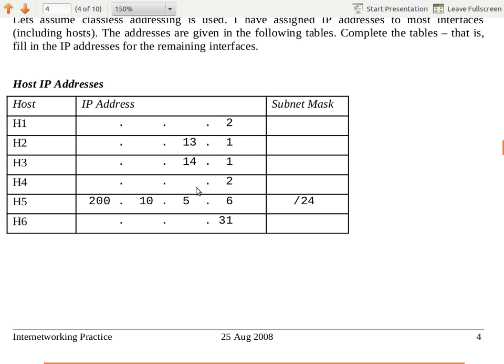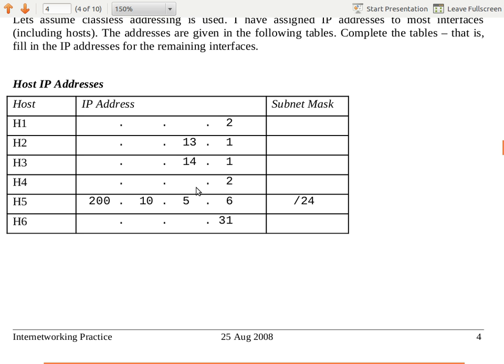So, do you know anything about the IP address of A1? It's given to you: 60.45.12.3/28.